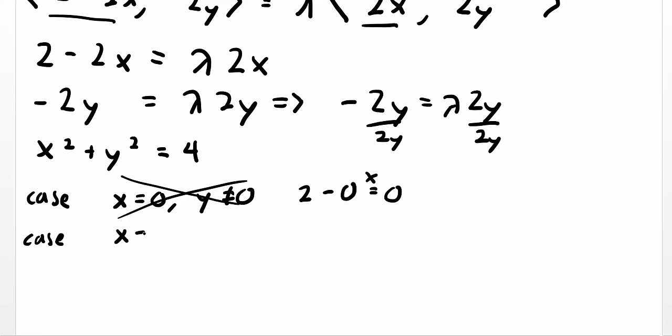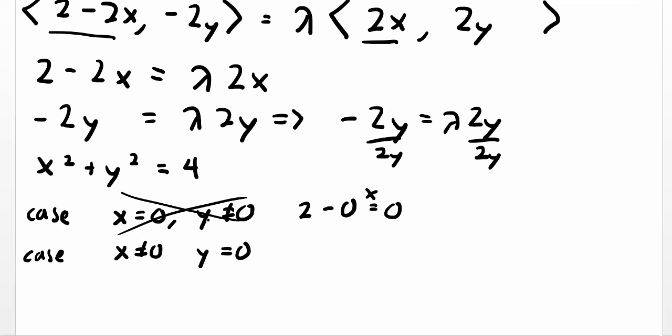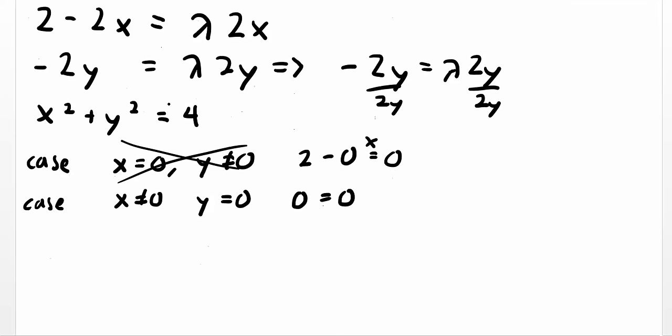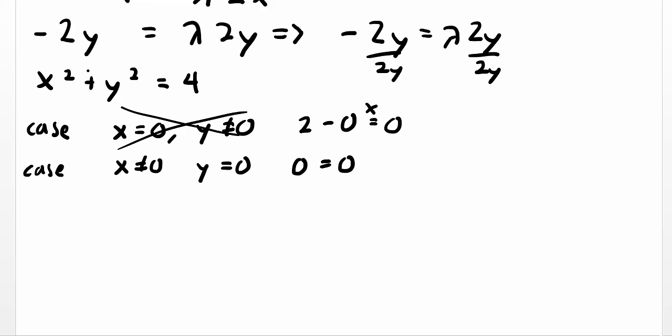Now let's say x is not 0 and y is 0. Well, in that case, if y is 0, the second equation becomes 0 equals 0, which really tells us nothing. The first equation tells us nothing because it does not have y in it. And if we plug y equals 0 into the third equation, we get x squared plus 0 equals 4, which implies x equals plus or minus 2.